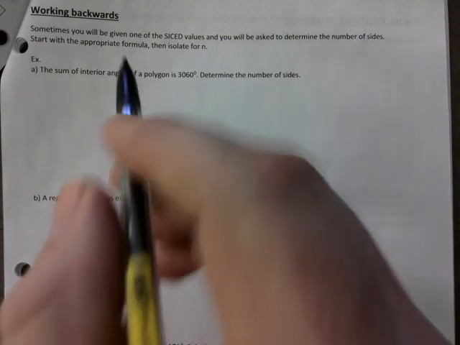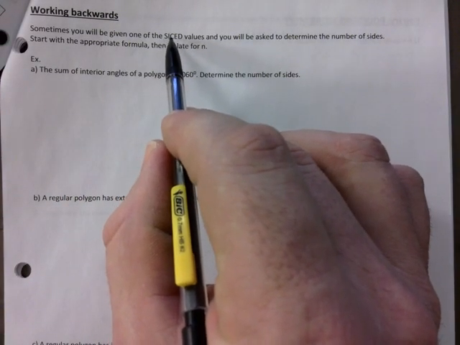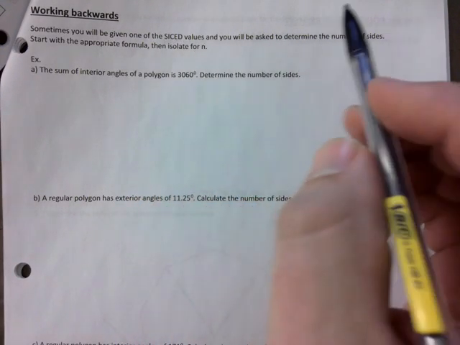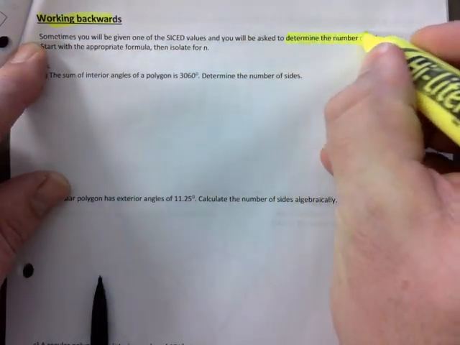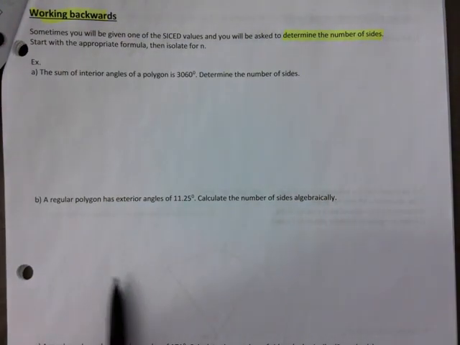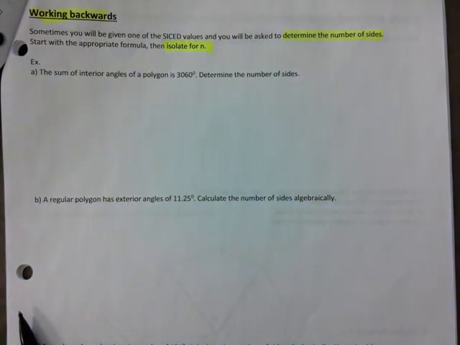Sometimes you'll be given one of the values of either the sum, interior, central, exterior, diagonals, right? And you'll be asked to determine the number of sides. That's where it's at. Find n, basically. Right? We isolate for n.